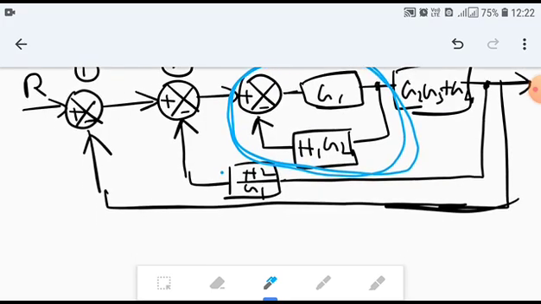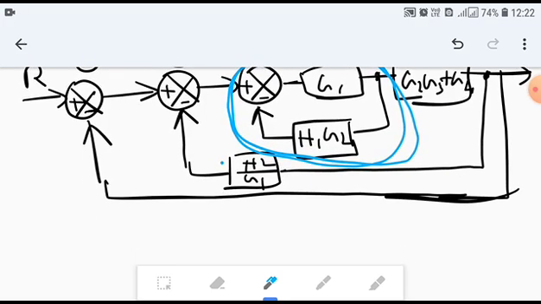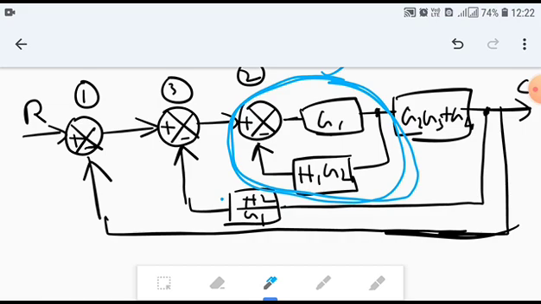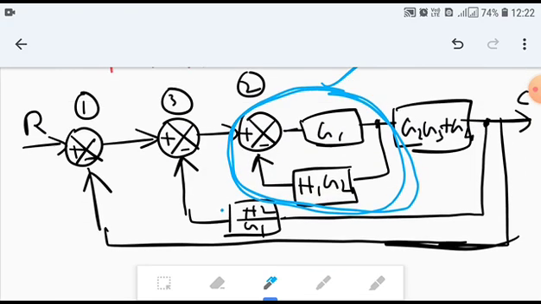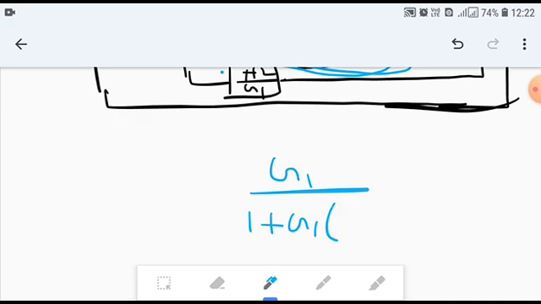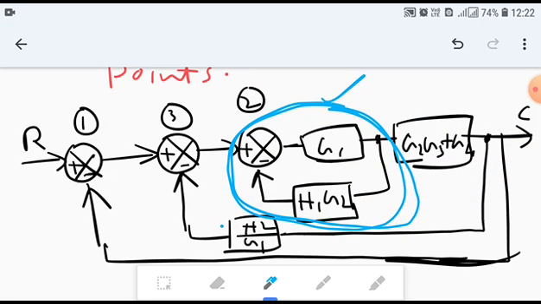We can use the rule number 10 and combine this G1 block with H1 G2 in negative feedback, and we write it as G1 by 1 plus G1 into H1 G2. This we get as the combined negative feedback.